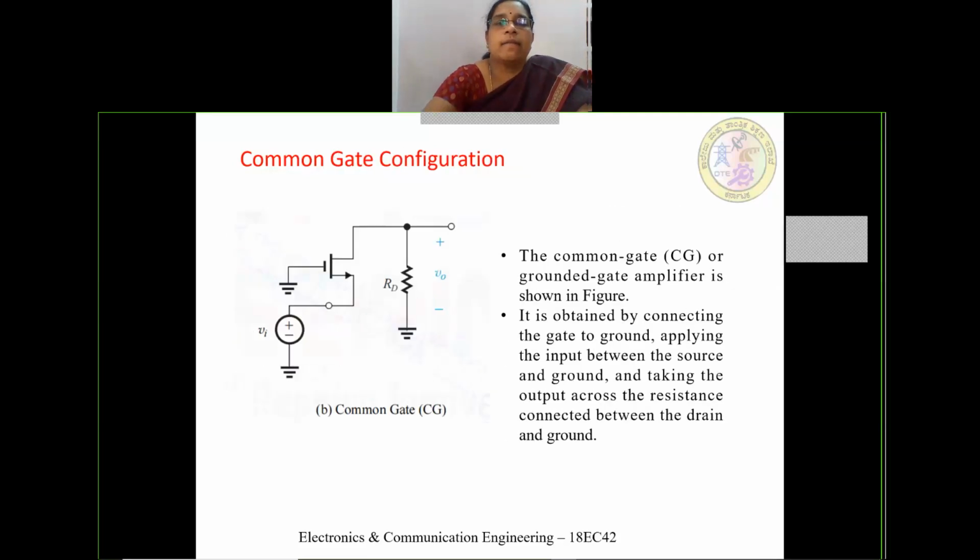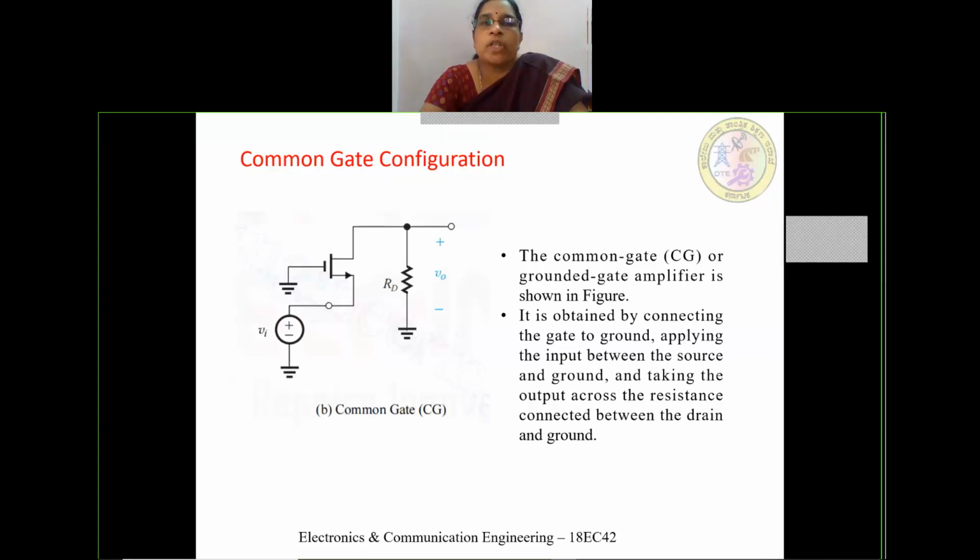Now similarly we have common gate configuration. Now you can imagine the gate comes as a common terminal between input and output. So when gate is common, let us make the source the terminal to which our Vi input signal is connected. It is shown in the circuit diagram also. To the source terminal input Vi is connected.